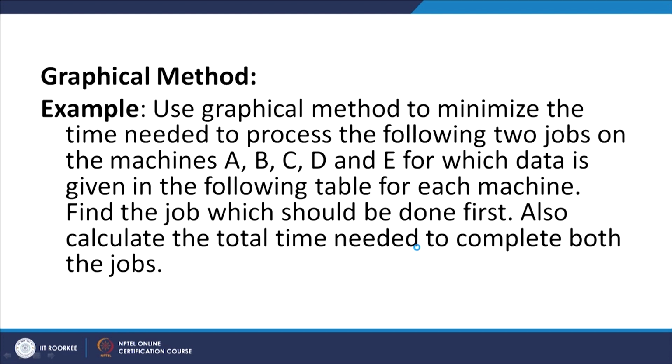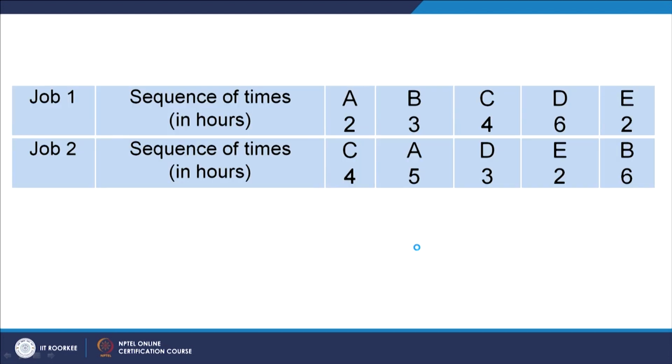Now, this means that we are given the following information. There are two jobs, job 1 and job 2, and the time required in hours is given. The sequence is also given. For job 1, first A has to be done and the time required is 2, then B time required 3, then C time required 4, D time required 6, E time required 2.